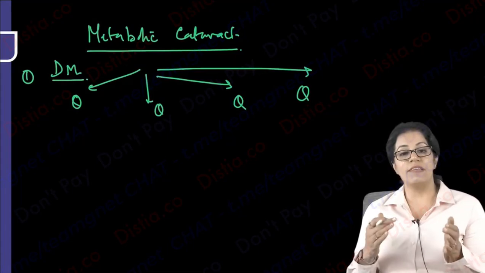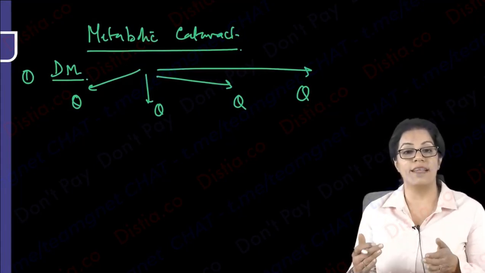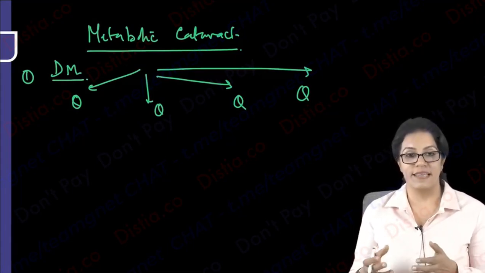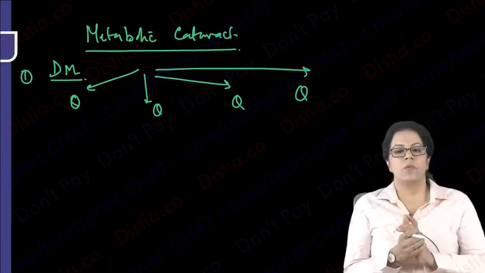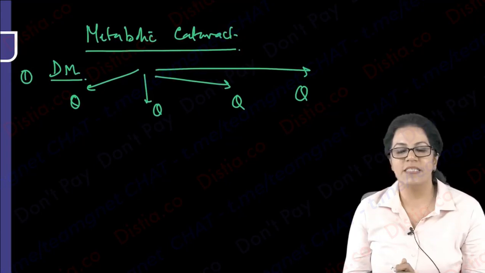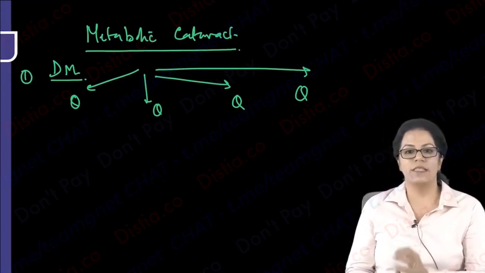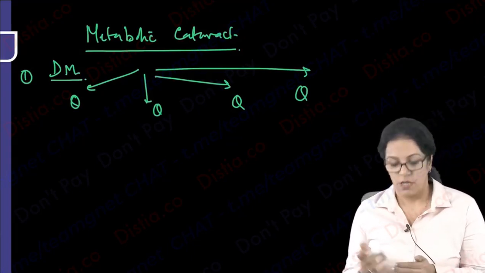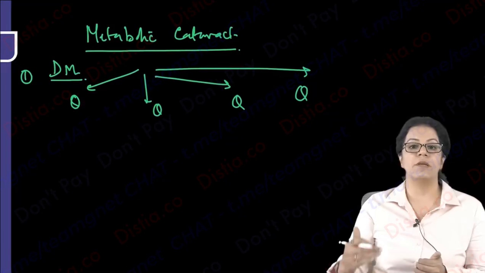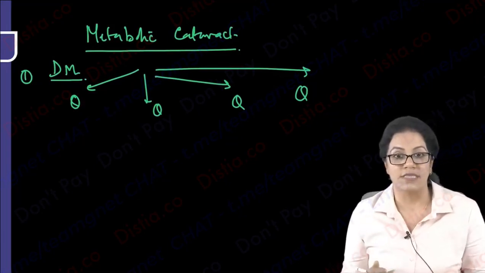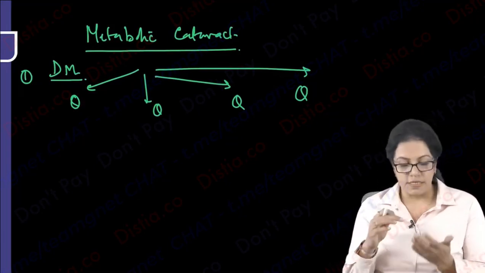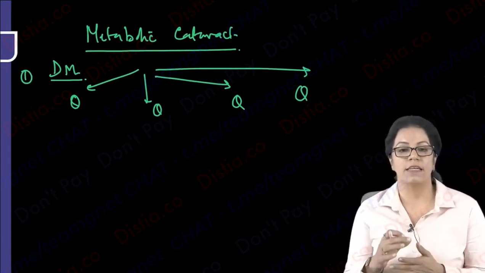If you understand, why will a diabetic patient develop a cataract? What is happening? Let's try to understand this first. Too much glucose. With too much glucose, all the metabolic pathways are exhausted, that means Krebs cycle, pentose phosphate shunt, glycolysis.